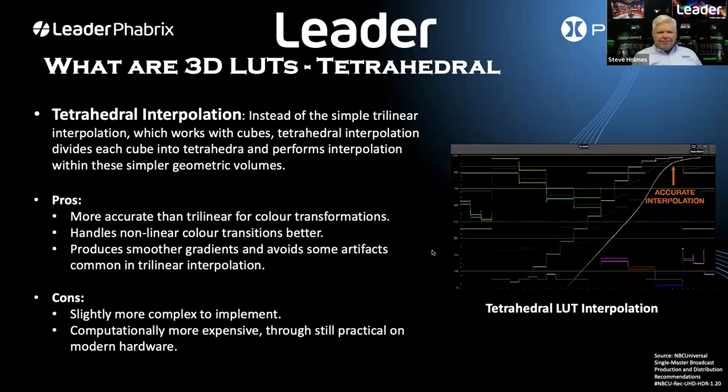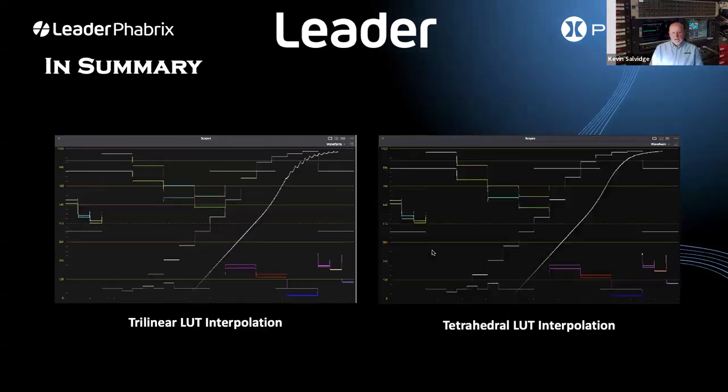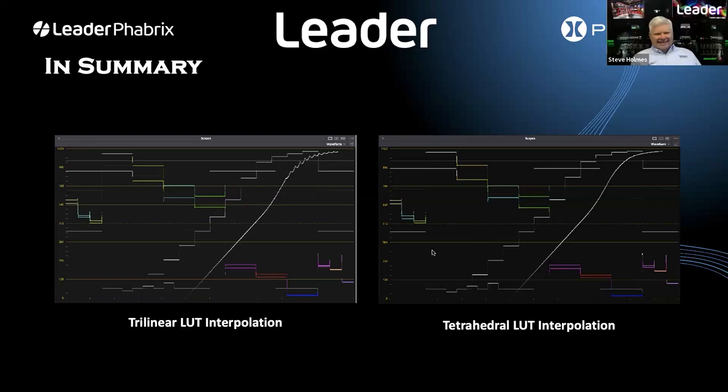Excellent. So to summarize, here are the two side by side. Personally, I know which one I'd prefer to use on a production. Most definitely. And the nice thing is that most devices today have enough processing power to handle tetrahedral LUT interpolation.